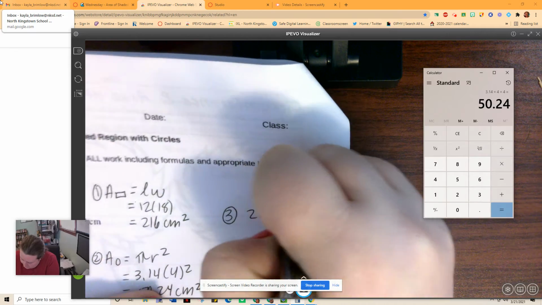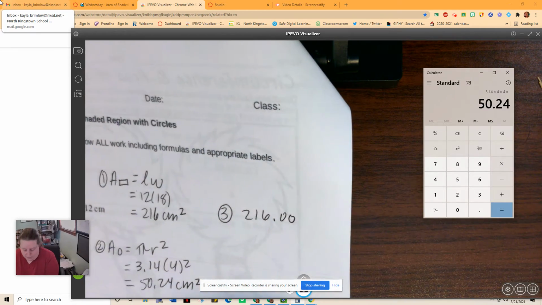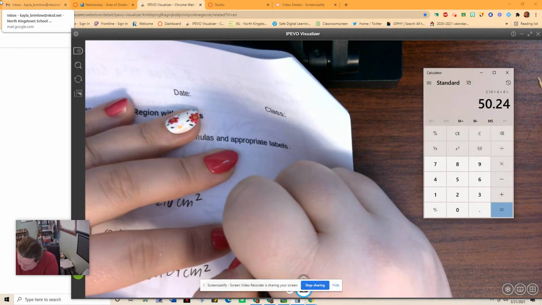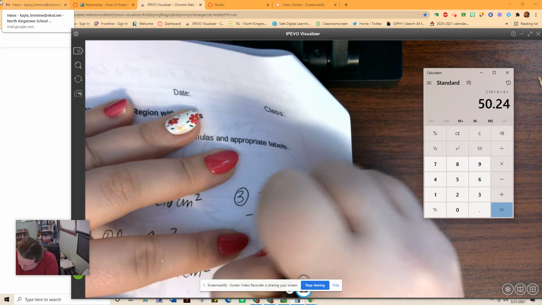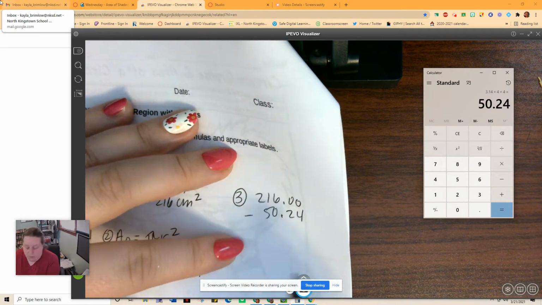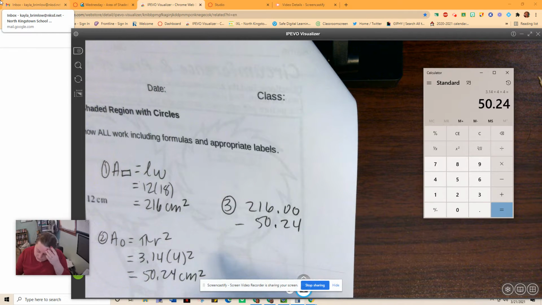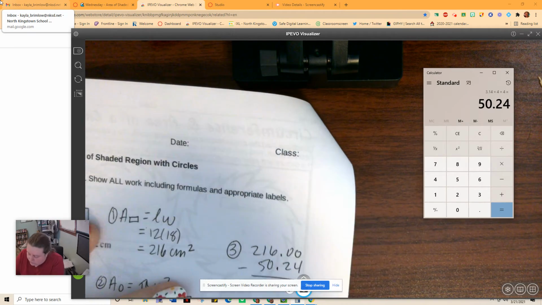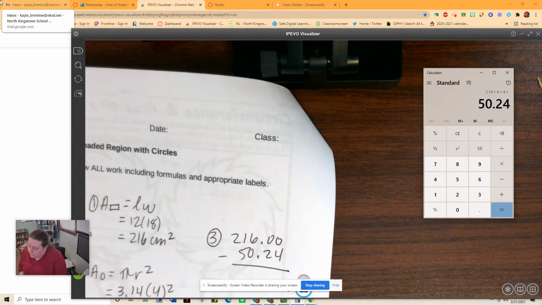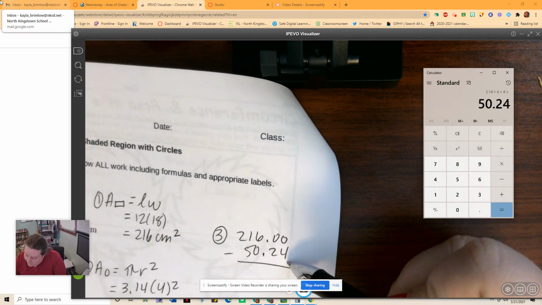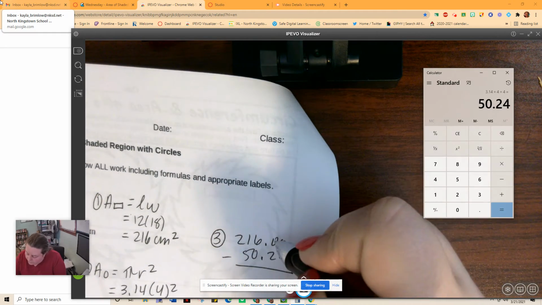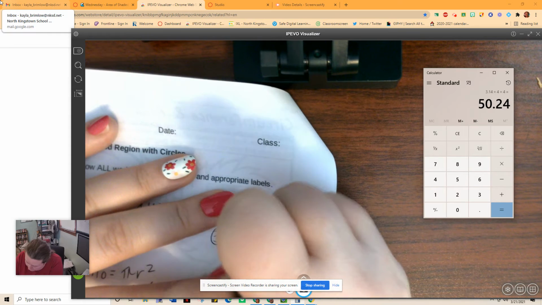So 216, I'm going to add 2 decimal points after that, minus 50.24. It's really important that you're paying attention to your decimal points and lining them up when you are trying to figure this out, okay? Otherwise, your answer is going to be thrown off. So when I go to subtract, I can't do 0 minus 4 or 0 minus 2, so I'm going to have to borrow.